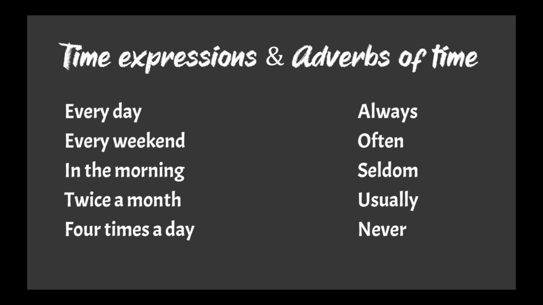For time expressions, I listed every day, every weekend, in the morning, twice a month, 4 times a day, etc. The adverbs of time that you might find in a sentence in the present simple tense are always, often, seldom, usually, never, etc.